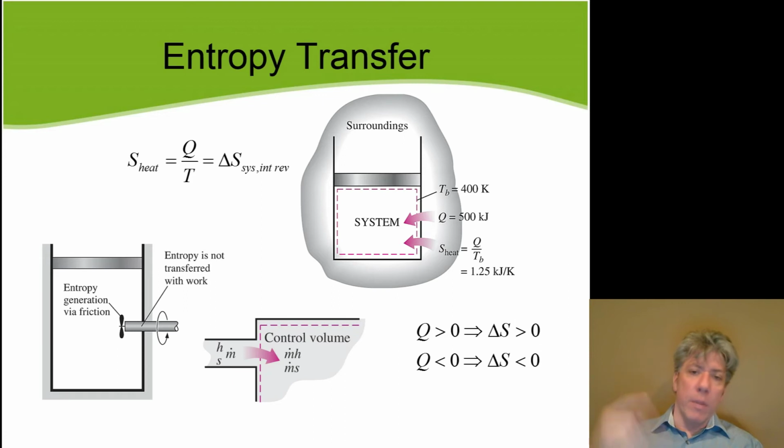That's all well and good, but the amount of work we get out of that piston from boundary work is not going to be equal to the work we put in, because some of it's going to stay behind as thermal energy in the air that simply can't do any more work. So entropy is certainly generated in that process because we're getting less work out than we put in.